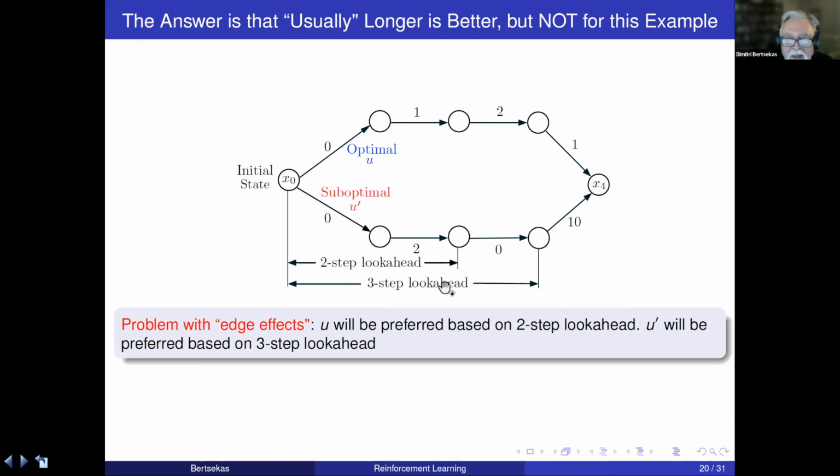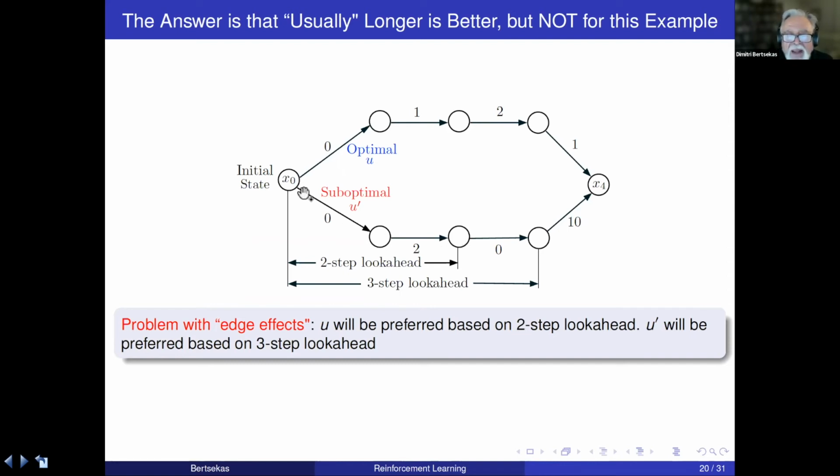3-step look ahead looks 3 steps ahead and then looks at the cost to go from. Okay, in 2-step look ahead, I compare this branch and this branch, 2 steps ahead, and then I add a 0 terminal cost.